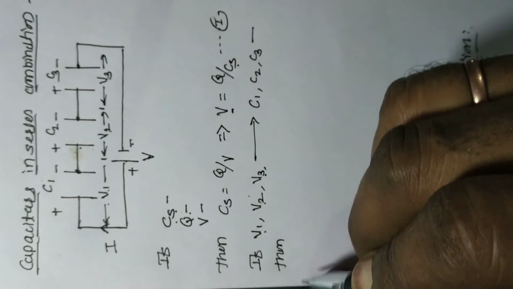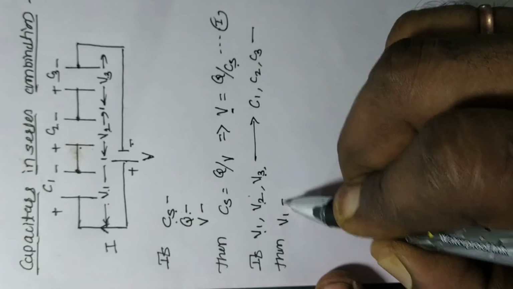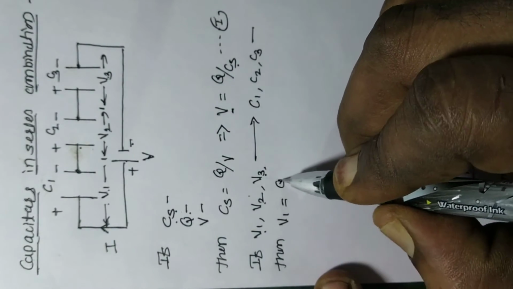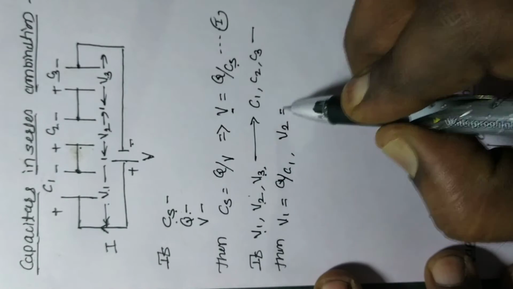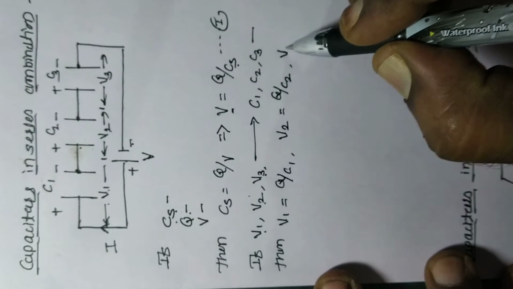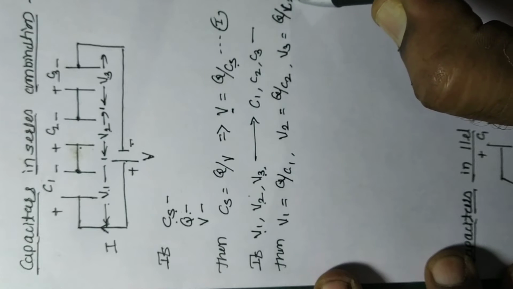Then potential Phi1 is equal to, what is potential? Charge on a capacitor divided by capacitance, that is Q divided by C1. Potential Phi2 is equal to Q divided by C2. Potential Phi3 is equal to Q divided by C3.